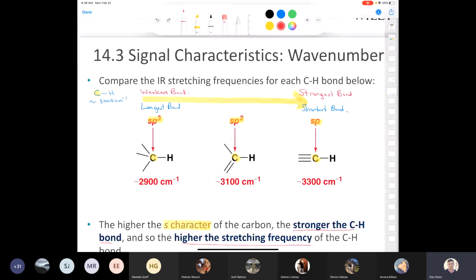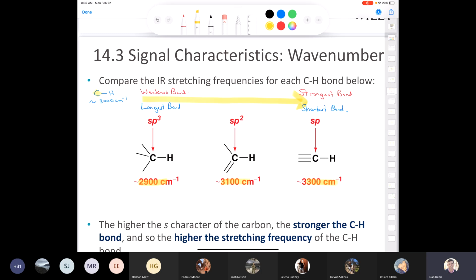A little more information about wave number. Anyhow, what about carbon-hydrogen bonds? I want to talk about those in a little more detail here. If you look at the stretching frequencies for all of these carbon-hydrogen bonds, you see that they all give different wave numbers, right? I have 2,900, 3,100, and 3,300 reciprocal centimeters.